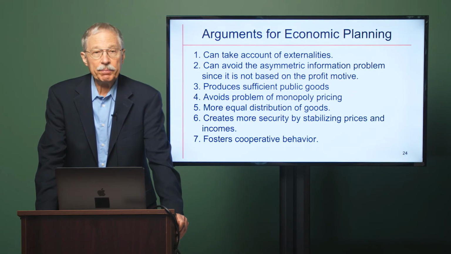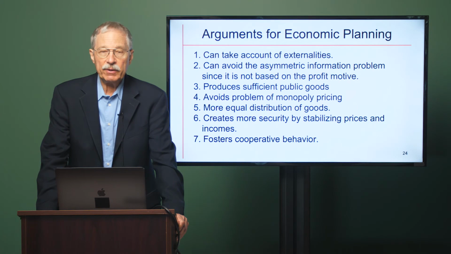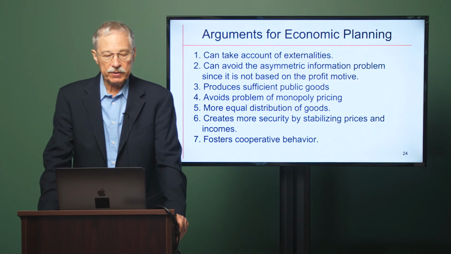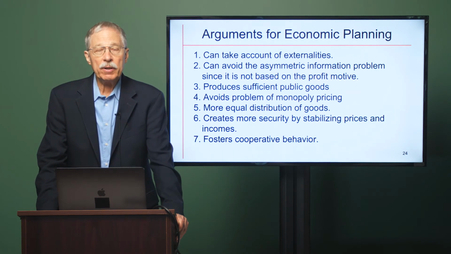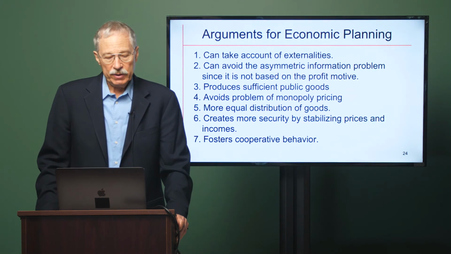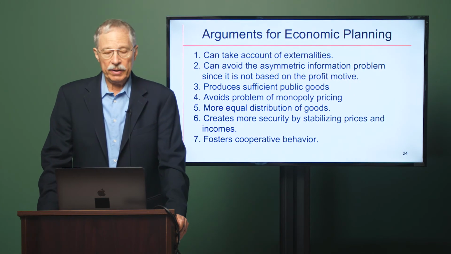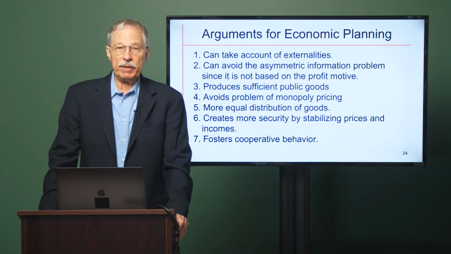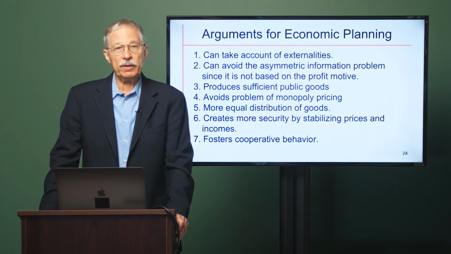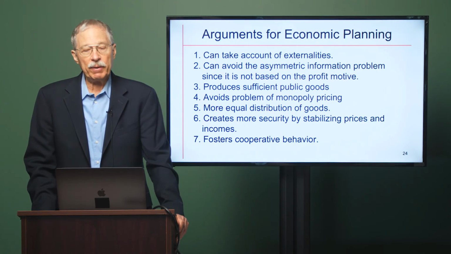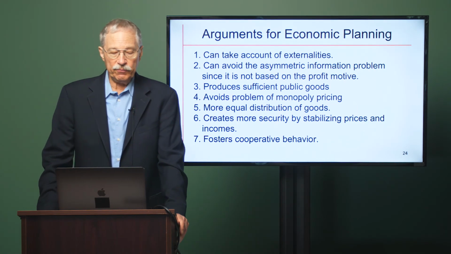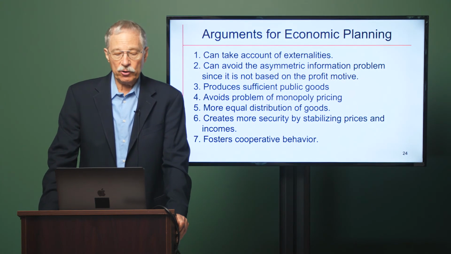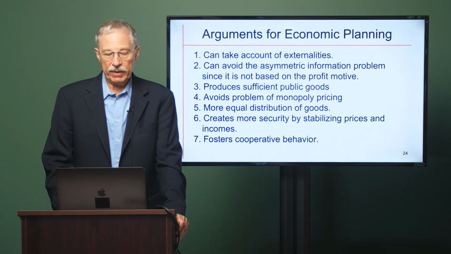The problem of monopoly pricing can be avoided, again because it's not based on the pursuit of profits. The distribution of goods among people in a planned system tends to be more equal than in market allocation. A planned system can create more security by stabilizing prices and incomes, assuring that they don't suddenly leap up or down due to market forces. And finally, a planning system tends to foster cooperative behavior rather than competitive behavior.